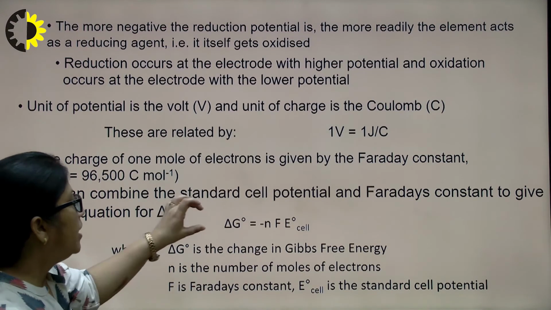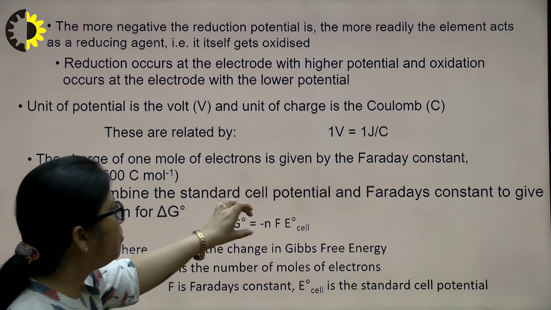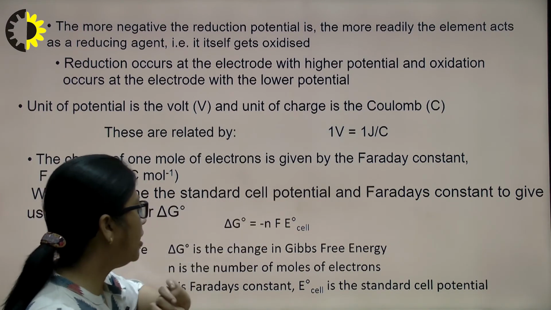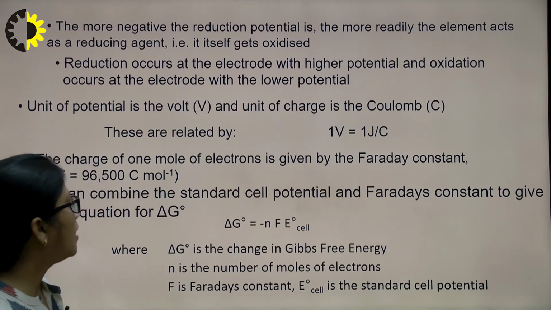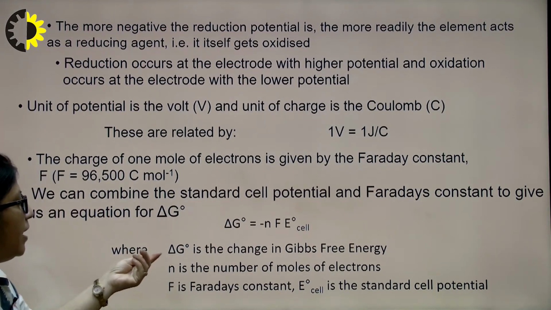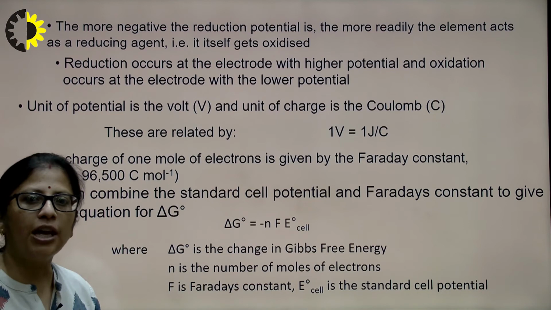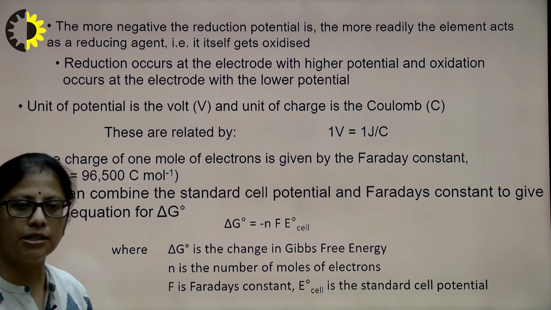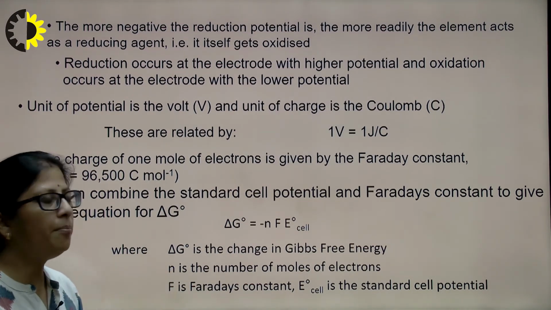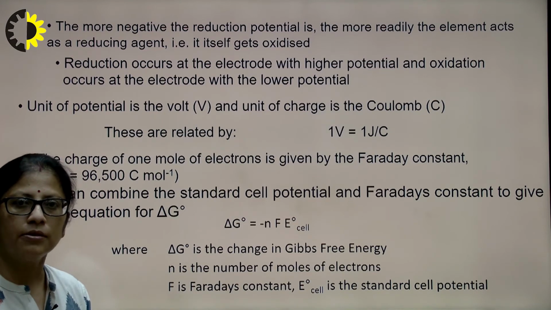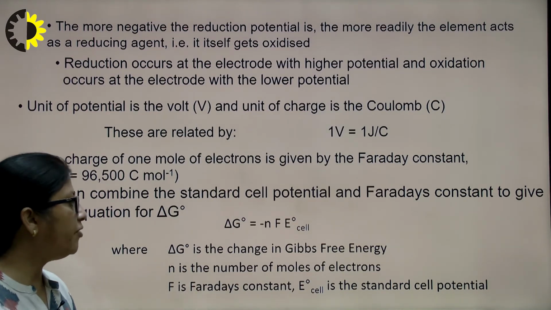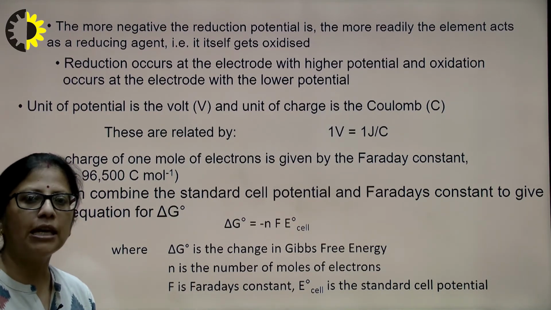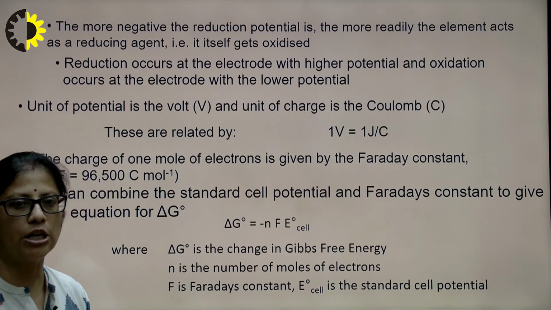So, delta G naught will be equal to minus nFE naught cell, where delta G naught is the change in Gibbs free energy, n is the number of moles of electrons, F is the Faraday constant, and E naught is the standard cell potential.